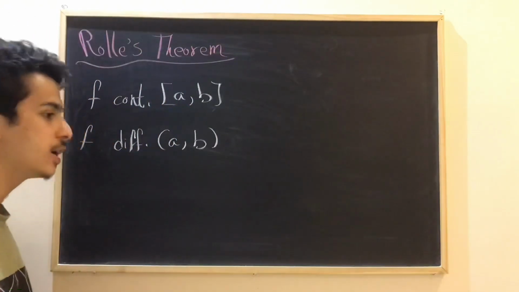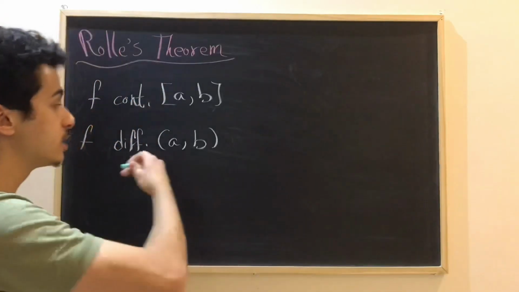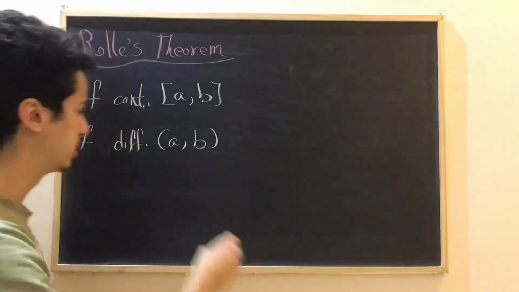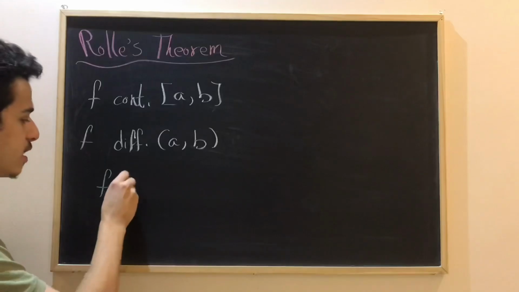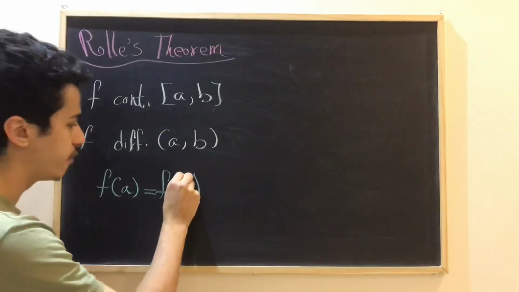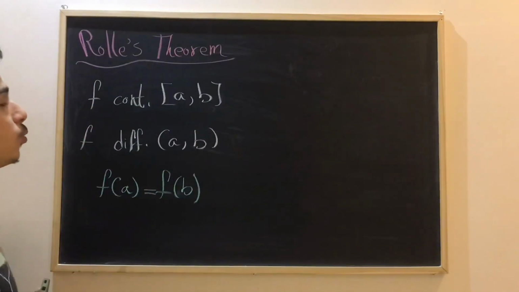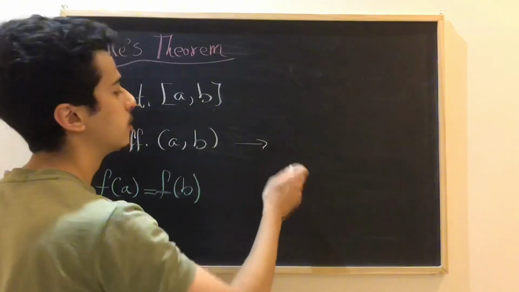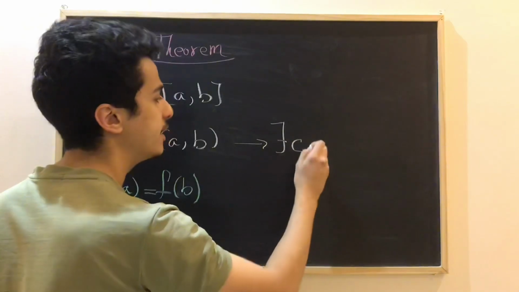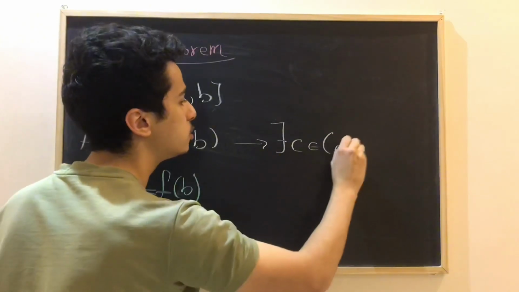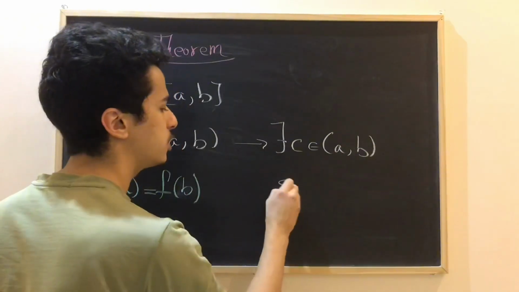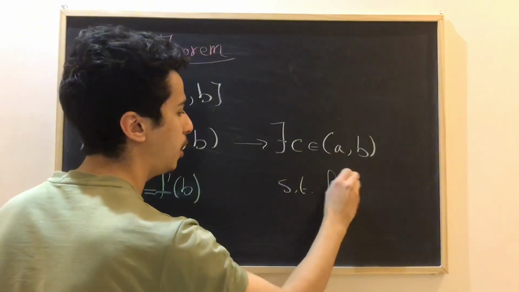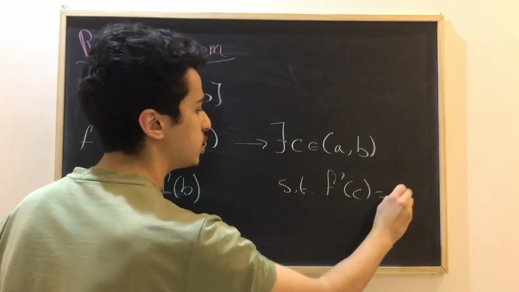Now, for the extra condition, this is where it differs from the mean value theorem. f of a has to equal f of b. And so, with these conditions, Rolle's theorem states that there exists a c inside the open interval such that f prime of c is equal to 0.